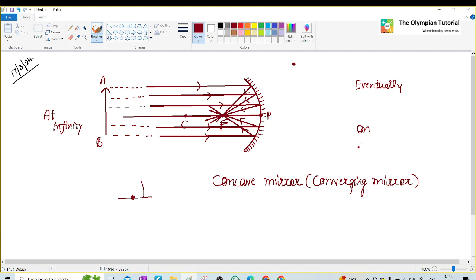What happened in this activity? We take one concave mirror and one sheet of paper. When we put it in sunlight, a bright spot is observed on the paper. After some time, it starts to smoke and eventually the paper will burn. What happens? Sunlight coming from infinity is focused on a point.